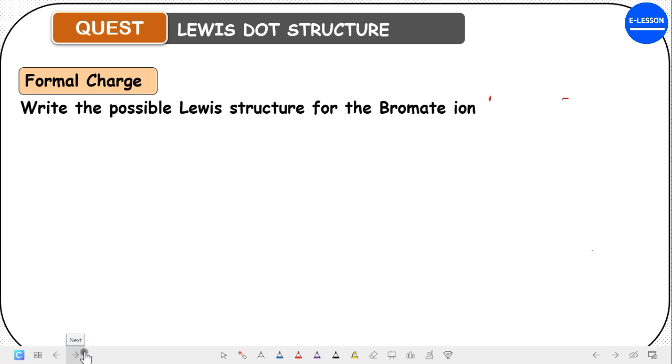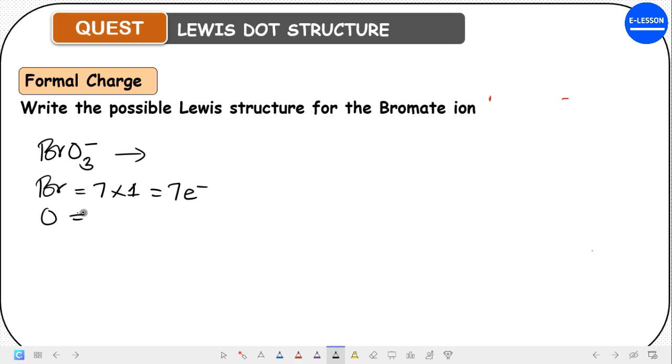Now we have the next one, the bromate ion. I drew it yesterday, but I just want you to use this ideology now to draw it. Bromine is a group 7 element. It has 7 valence electrons, and we have 1 bromine here, so 7 times 1 gives us 7 electrons. Oxygen is group 6, with 6 valence electrons.